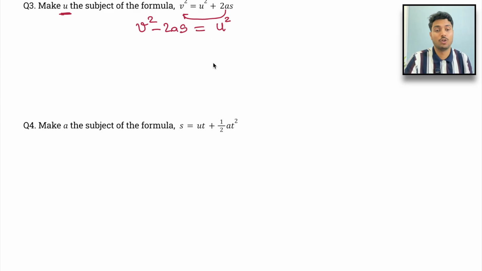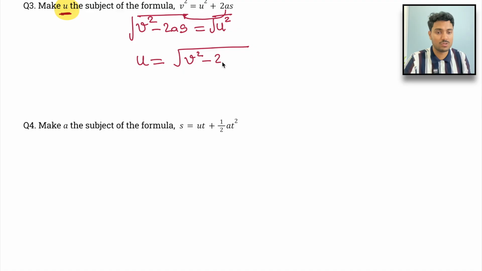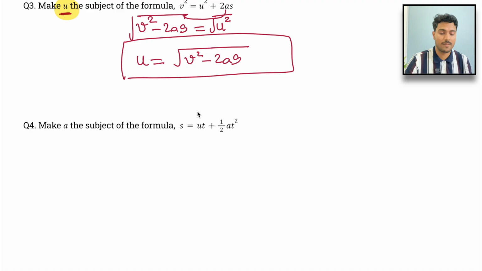Is it done? Not yet, because we have to make u the subject of the formula, but right now it's u square. That means we have to take the under root both sides. So if we take under root both sides like this, we will get u is equal to under root of v square minus 2as, and this will be the final answer. Let's check the next one.